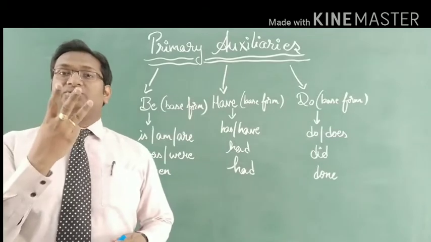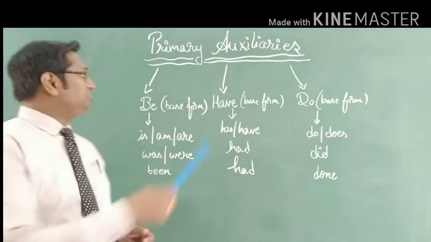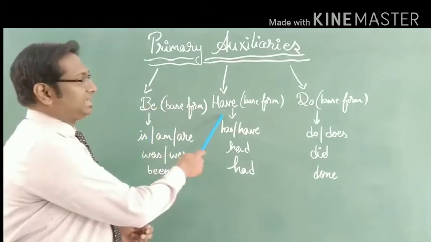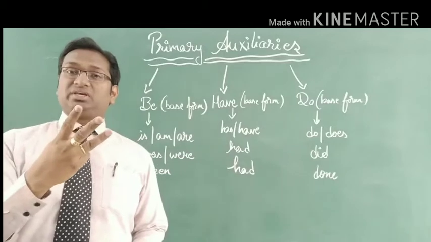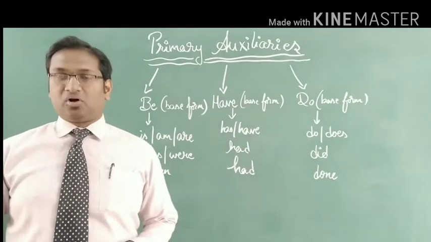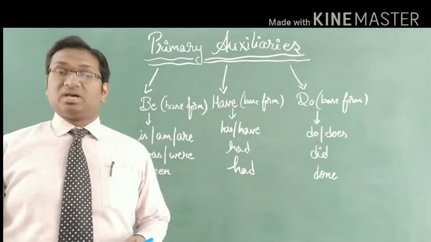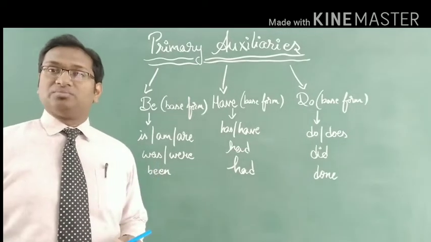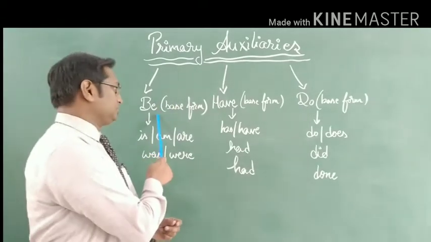Now there are three primary auxiliaries. First, be, second, have, and third, do. These three are your base forms. Let's see other forms of these base forms. First is be.